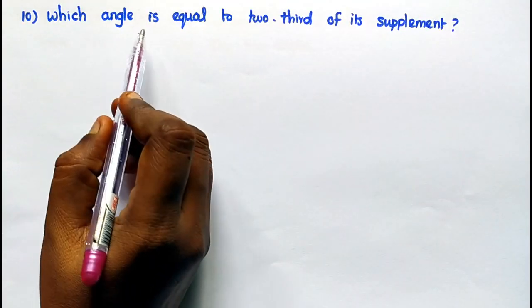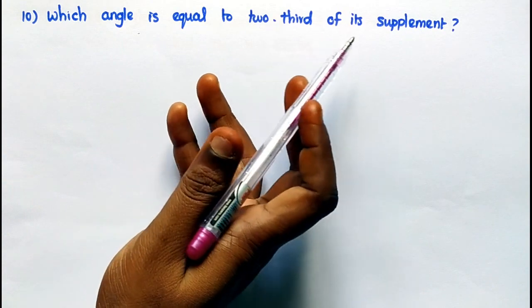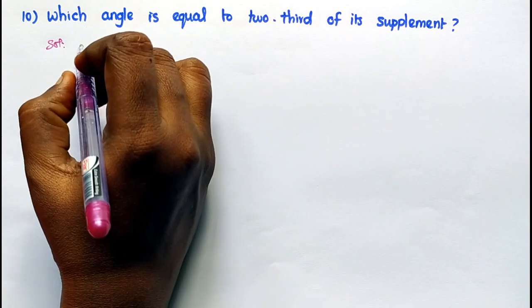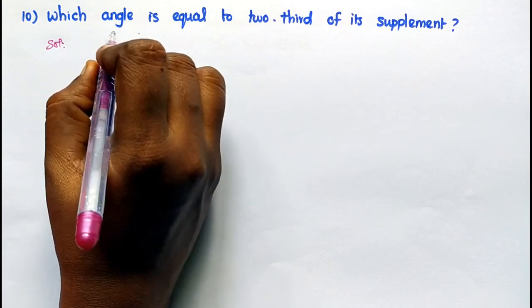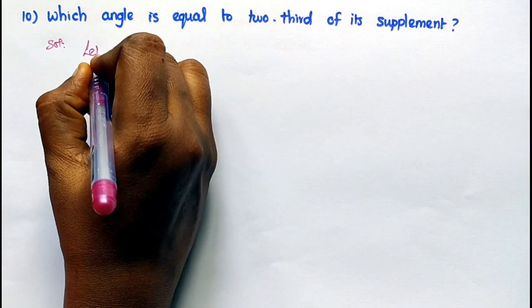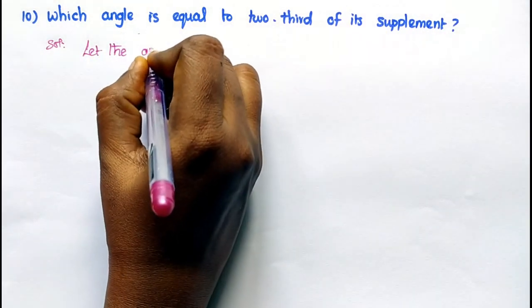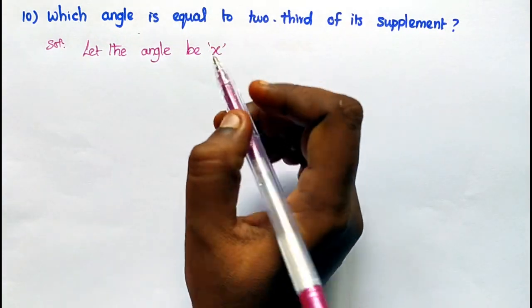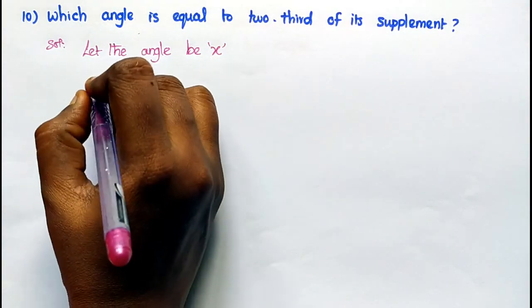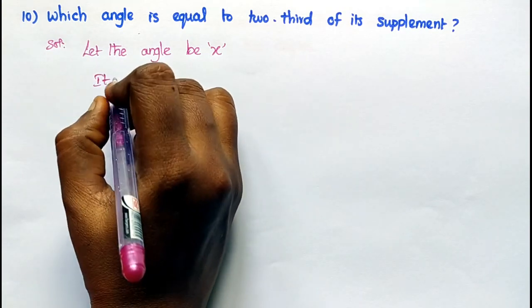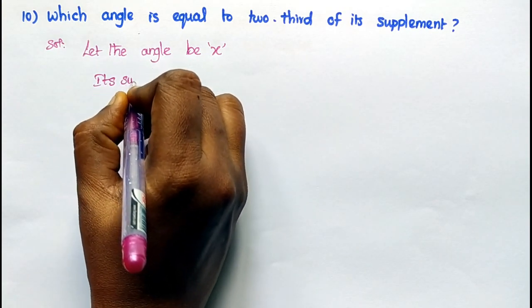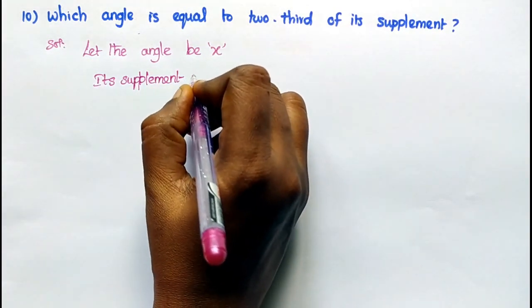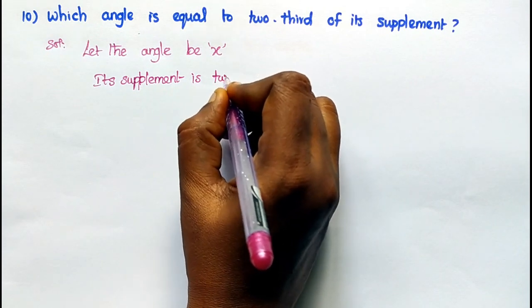10th sum, which angle is equal to 2/3 of its supplement? Like the 9th sum, we don't know the angle, so let the angle be x and its supplement is two-third.